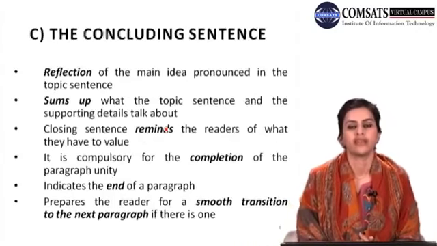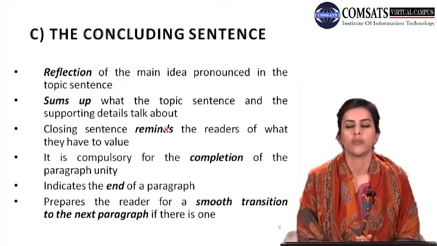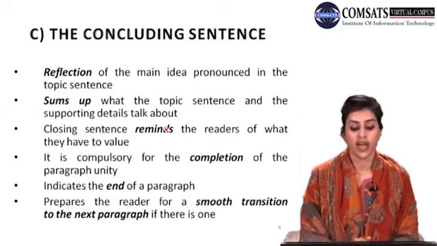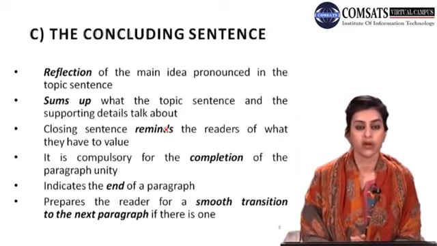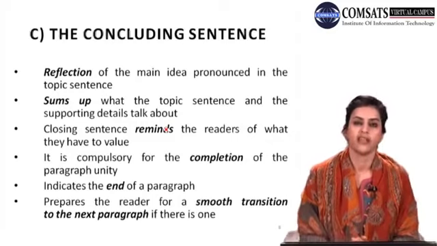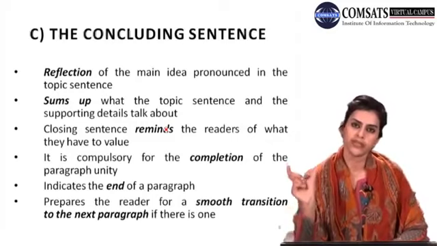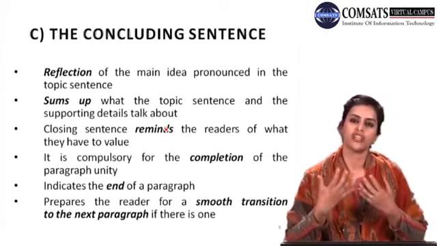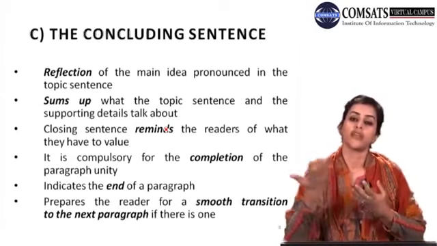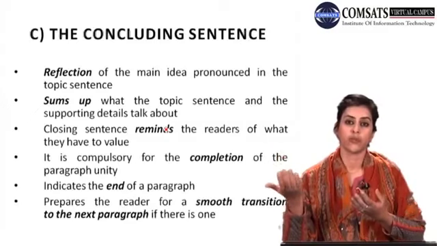Then you have your concluding sentence. As we have already talked about the topic sentence and the supporting details, now we have our concluding sentence, that is the reflection of the main idea pronounced in the topic sentence. Whatever you have written in the topic sentence has to come at the end as well. That is the reflection or the image of whatever you have presented in your topic sentence.